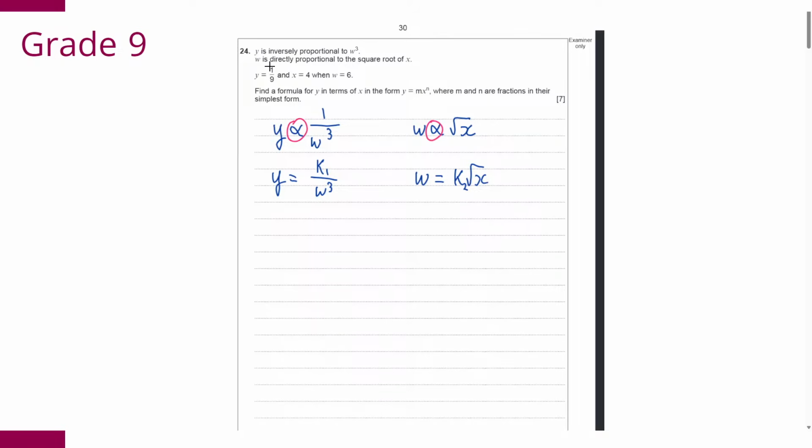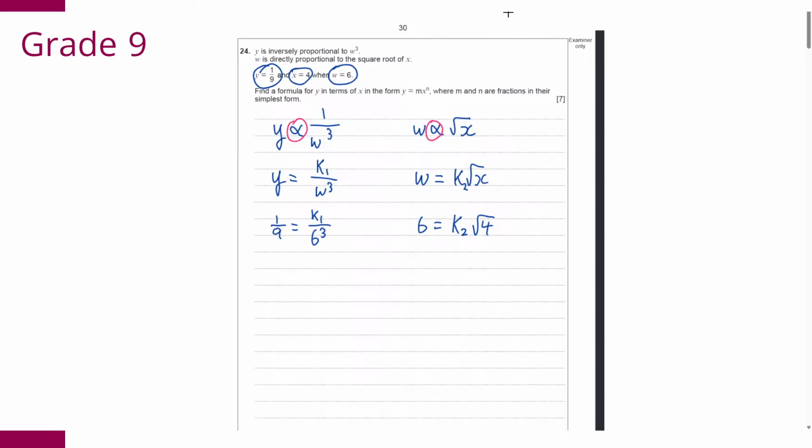It says that y is 1/9 when x is 4 when w is 6, so we're given a point so that we can work out what k is. So we've got 1/9 equals k1 over 6 cubed. And on the right-hand side, I would suggest doing these separately if you're doing this in an exam, but I'm just a rebel, clearly. Root 4.